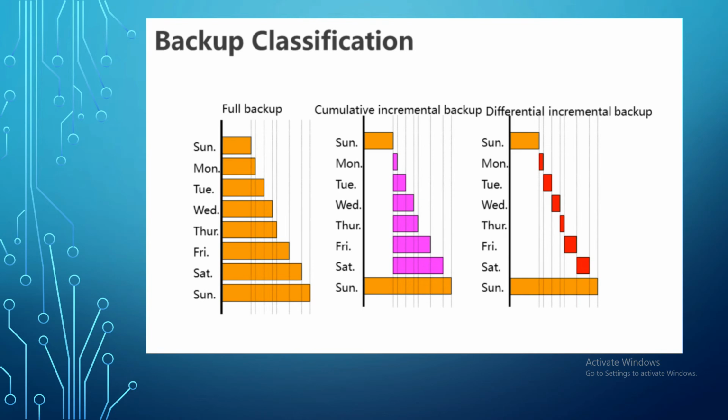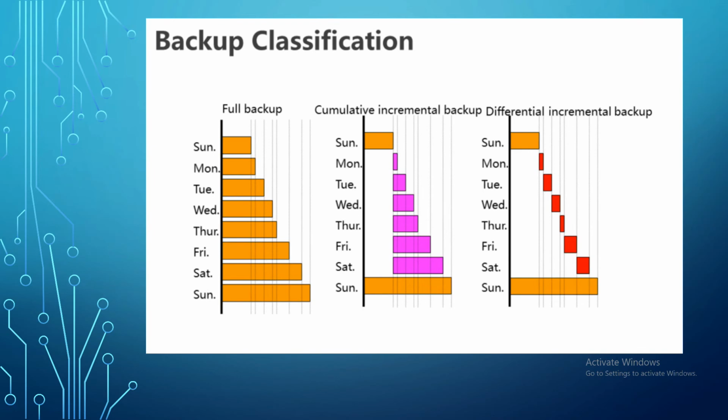And cumulative incremental backup is once you take a full backup and then the next day you take a cumulative incremental backup. So it will take only the difference of the next day. For example, on Monday, you take a cumulative incremental backup. So it will take a backup of only the increment, the data which is incremented, not the full backup. On Tuesday, if you run the cumulative incremental backup, it will take the Monday backup as well and the next increment as well.